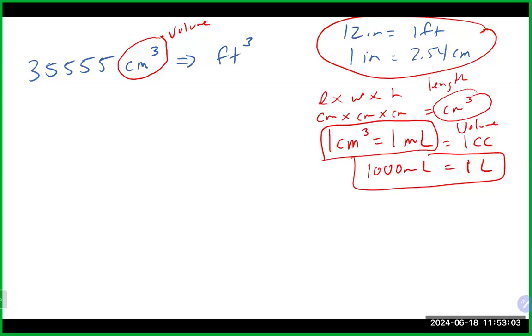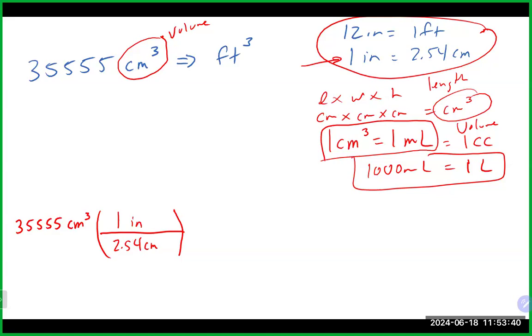So in this case, we could use these length measurements to convert these out. When we go to do this problem, we have 35555 cubic centimeters. We want to get rid of the cubic centimeters, so we go this route first: 2.54 centimeters is 1 inch. If I do just that, did I convert it to cubic inches?